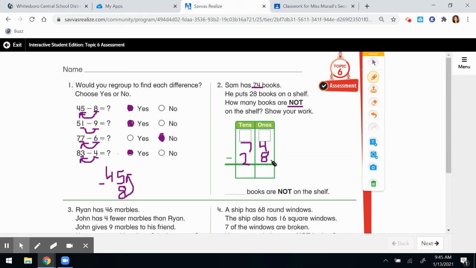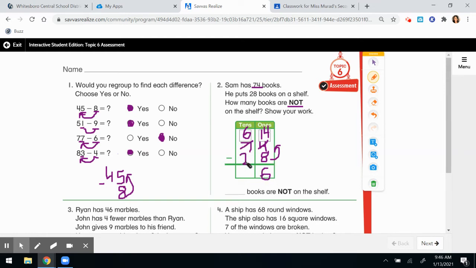I have to think, is 8 greater than 4? 8 is greater than 4, so I'm going to have to regroup. I cross off 7, it becomes 6. It's 10 less. And since we're taking 10 away, we're giving it to the 4, so 4 becomes 14. Now I can easily subtract. 14 minus 8 is 6.